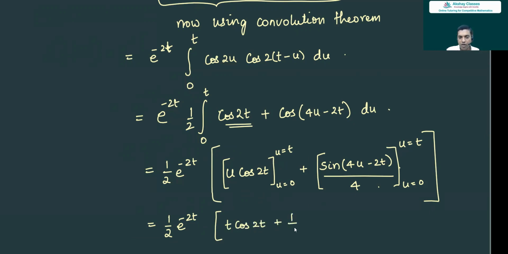plus 1 by 4 times substitute u equal to t. So I get sine 4t minus 2t is sine 2t. Minus u equal to 0, sine of minus 2t.